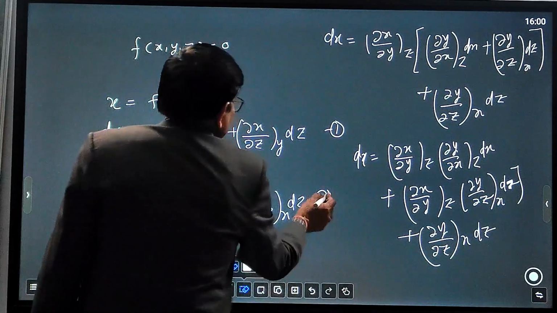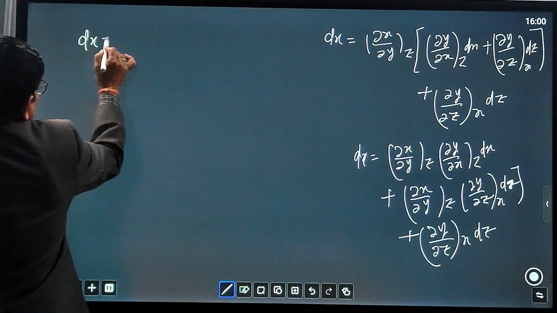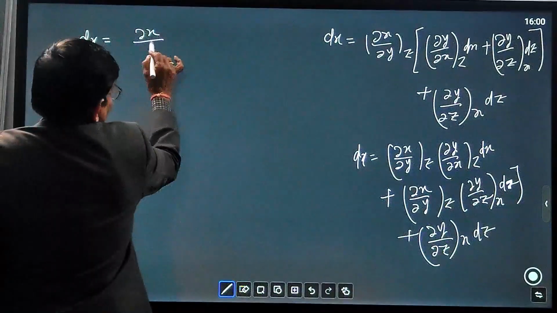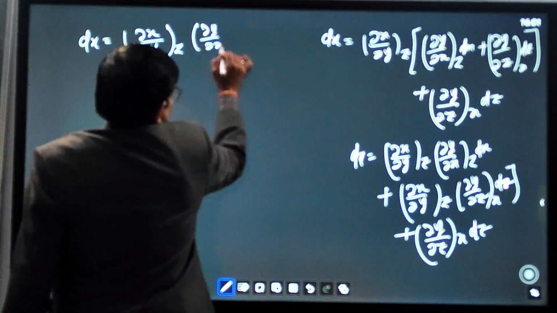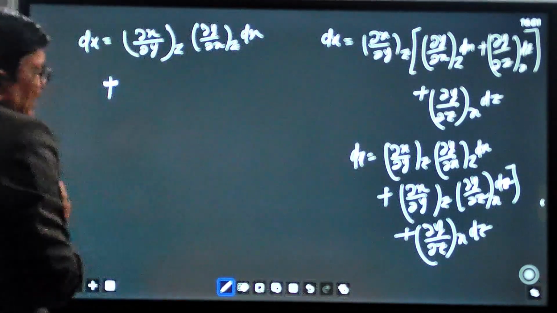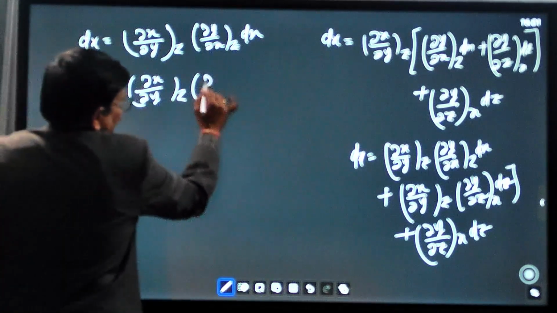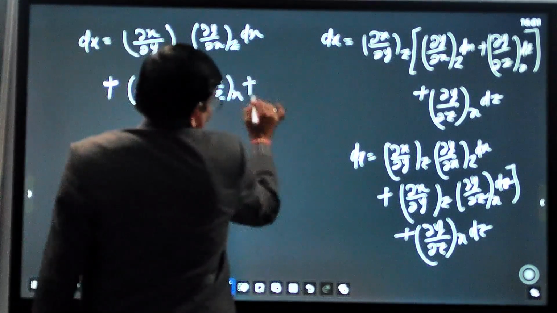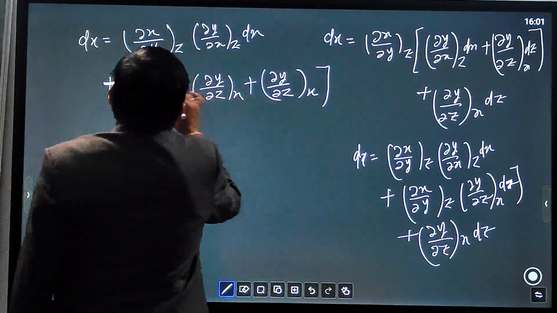Now solving this equation, we write dx equals (∂x/∂y) at constant z times (∂y/∂x) at constant z dx, and plus, taking dz common, [(∂x/∂y) at constant z times (∂y/∂z) at constant x plus (∂x/∂z) at constant y] dz.